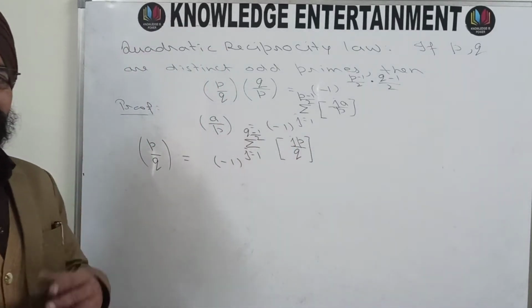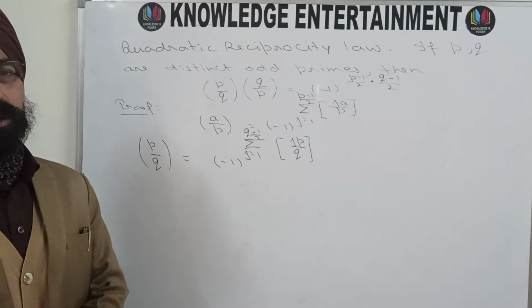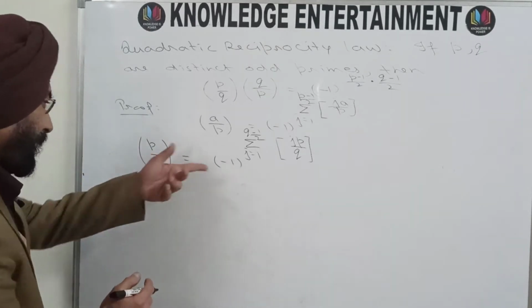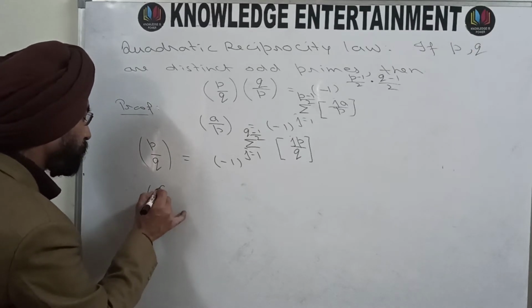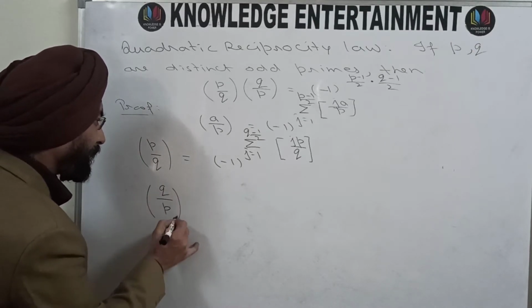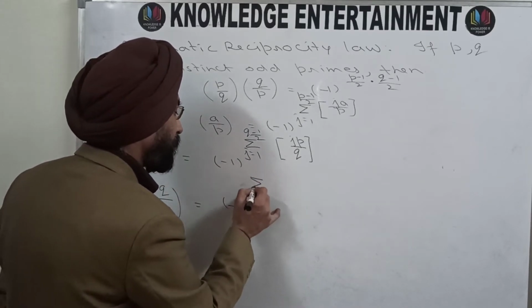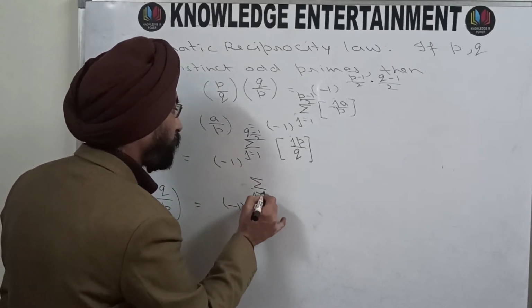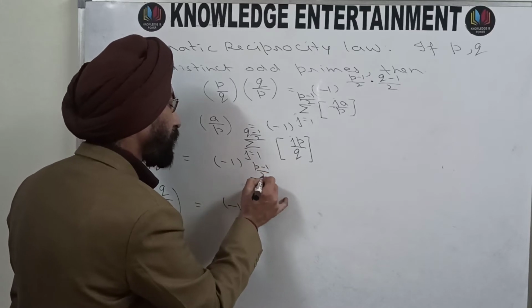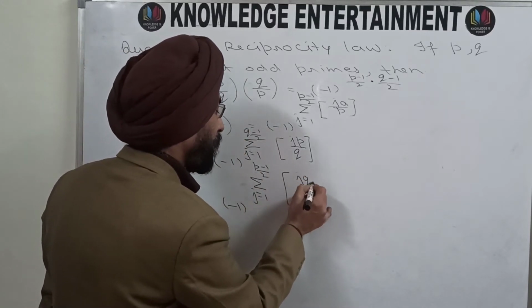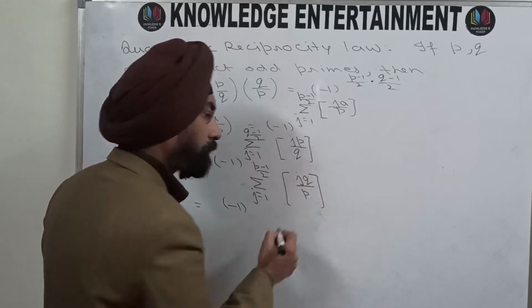And now reverse the roles of p and q. Take p as an odd prime and q as an odd integer, and you will get the result that the Legendre symbol q by p is equal to minus 1 raised to the power summation j varying from 1 to p minus 1 by 2, because the roles are reversed, of j q upon p.